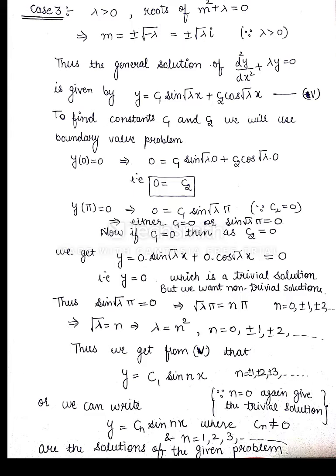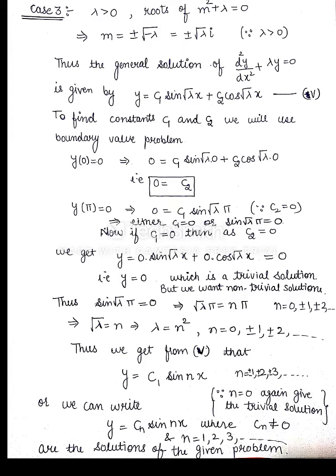Since we already know that c2 is equal to 0, c1 sin(√λ π) = 0 can have two choices: either c1 is equal to 0, or sin(√λ π) is equal to 0. But c1 cannot be 0 because c2 is already 0, and if c1 is 0 then 5 will become a trivial solution.